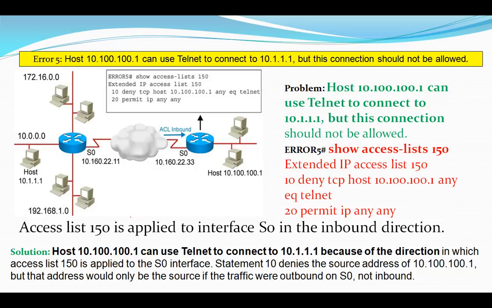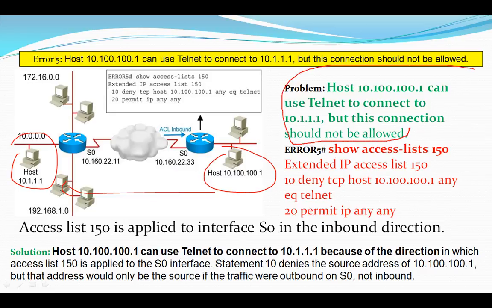Now we will see one more error here. I have host 10.100.100.1, which can use telnet to this one, but this connection should not be allowed. I want this connection not to happen. So again the situation is like this, and I run this command, show access list 150 extended.